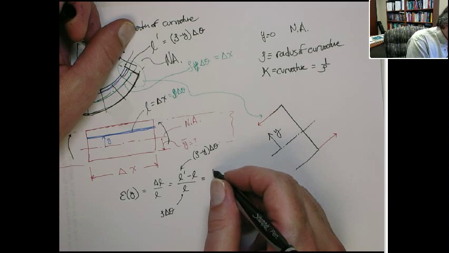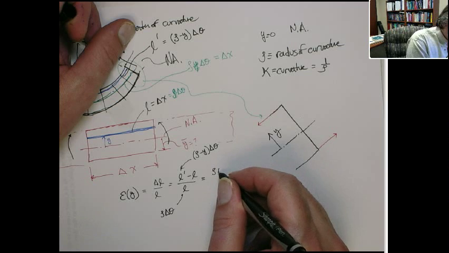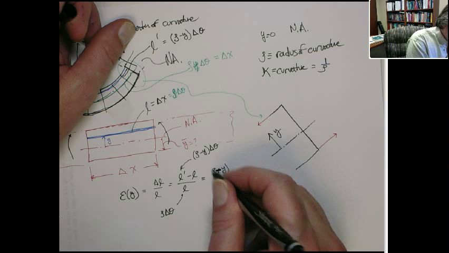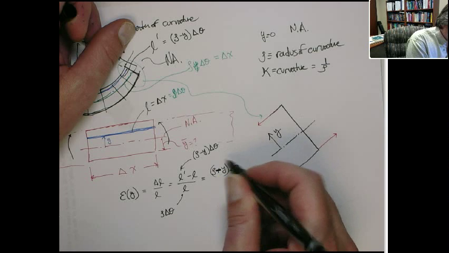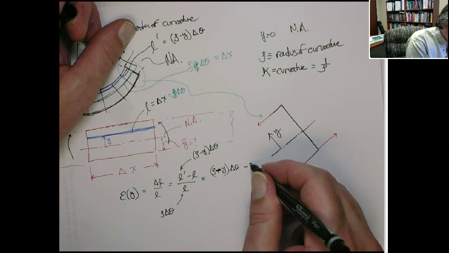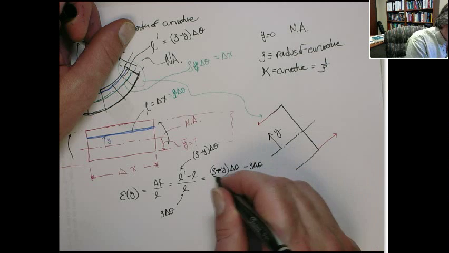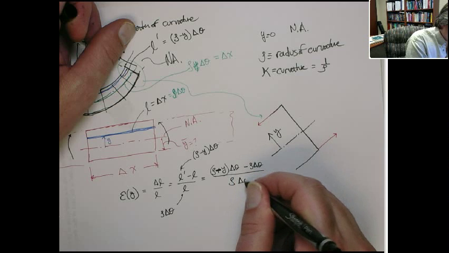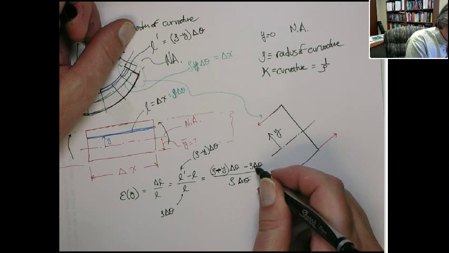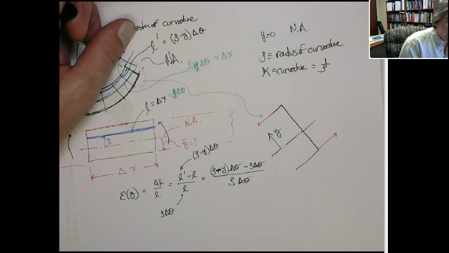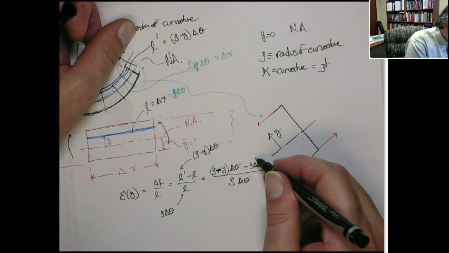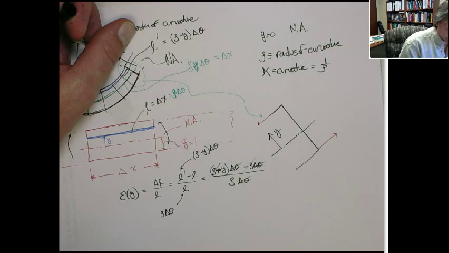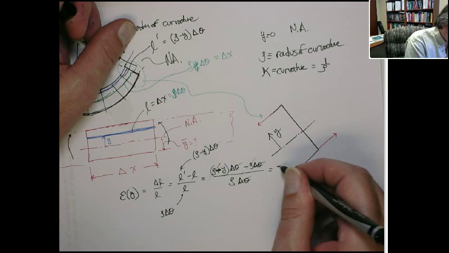So I have rho minus y d theta, minus rho d theta, over rho d theta. All the d thetas cancel out. This minus rho cancels out with that rho. Now we're just left with minus y over rho.